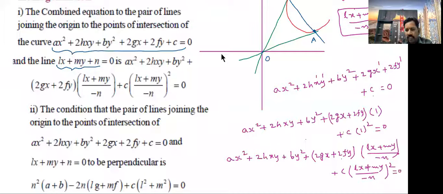Do the simplification, and you will get that the non-homogeneous equation has completely changed to a homogeneous equation.